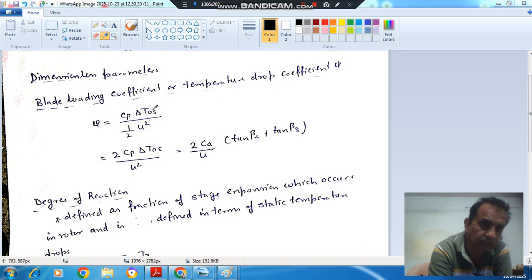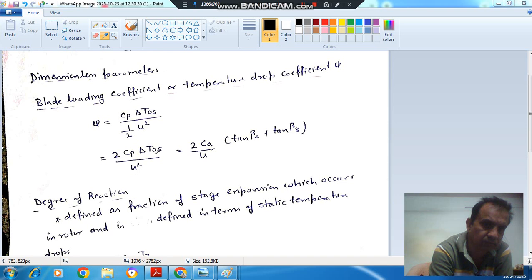It is the ratio of work done divided by the mean kinetic energy of the rotor. So this is work done per unit mass, that is Cp delta T0s, and this is the kinetic energy of the rotor, that is half u square, or it can be written as 2 Cp delta T0s divided by u square.